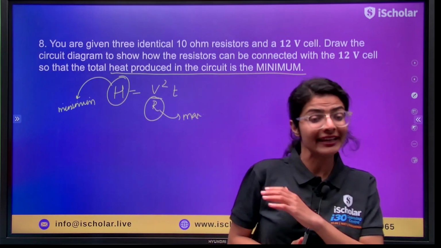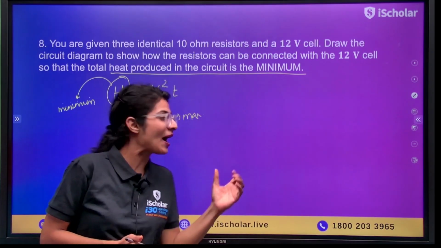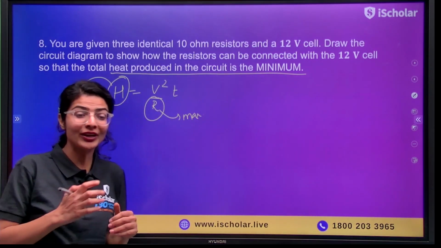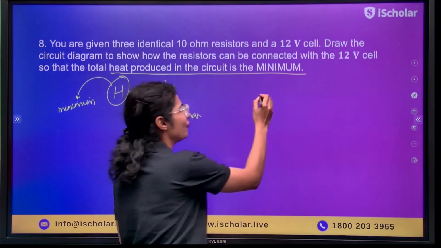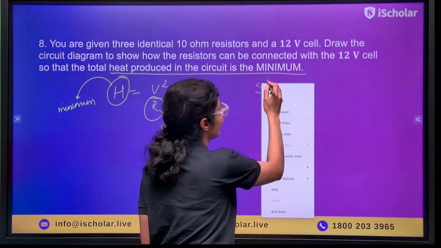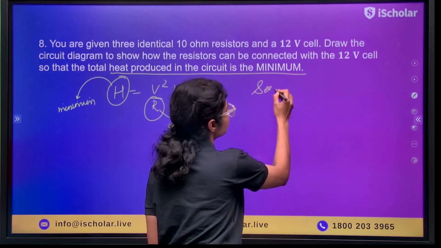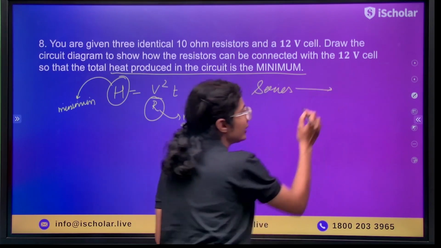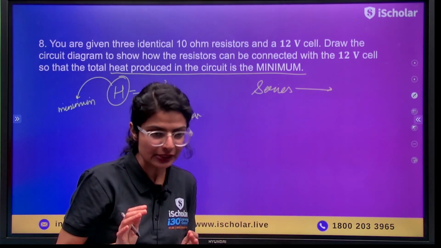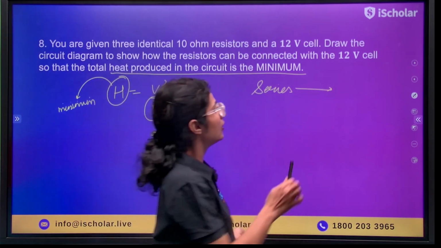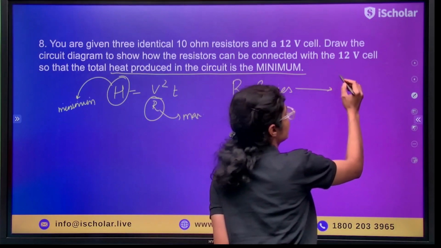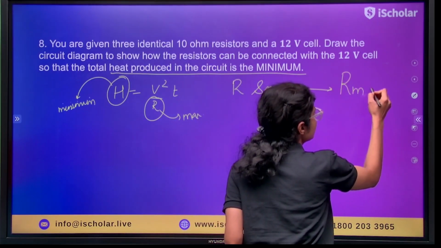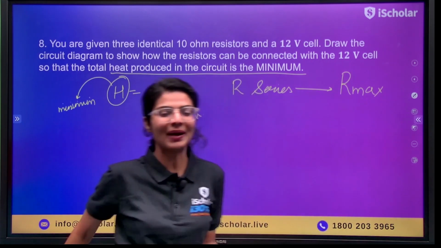Now, how can we make the resistance have the maximum value? How can we combine it into the circuit? So, for sure, we know that whenever all the resistances are connected in series, in this case, the resistance value is going to be the maximum.